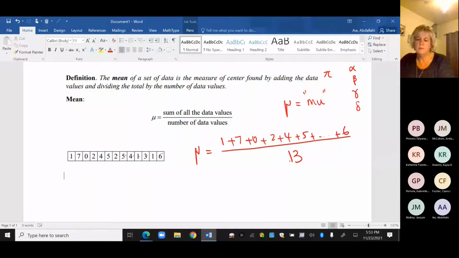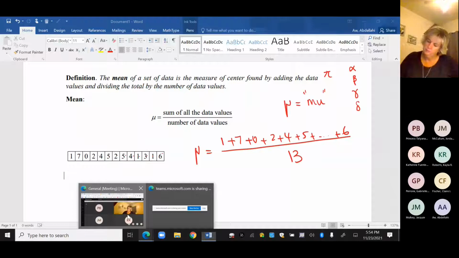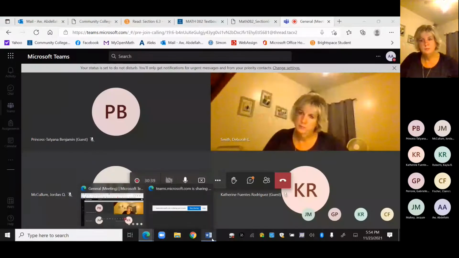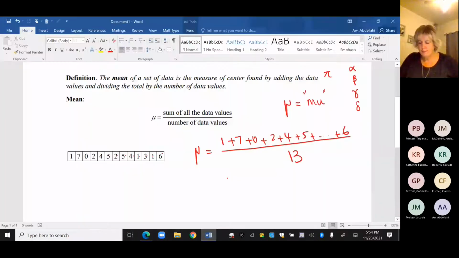All right. So if your data is presented this way, we don't see any problem finding the mean. It could be annoying if it is a large data set. If you have a data size of 100, it's going to be very exhausting to add 100 numbers, right? You agree with me?